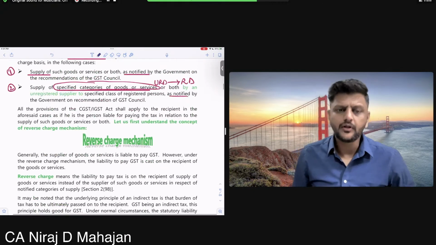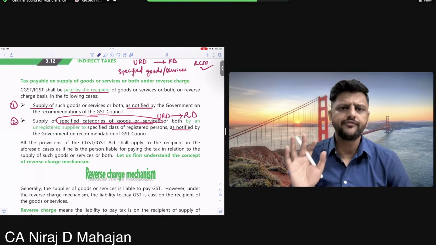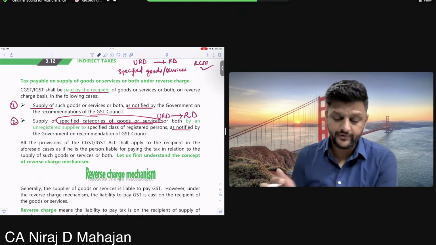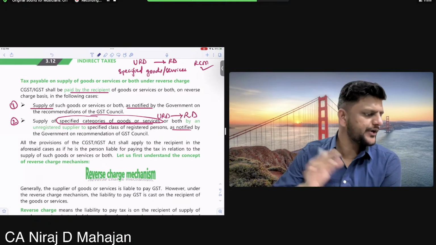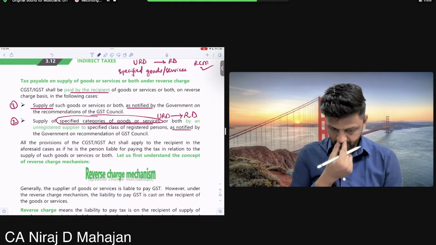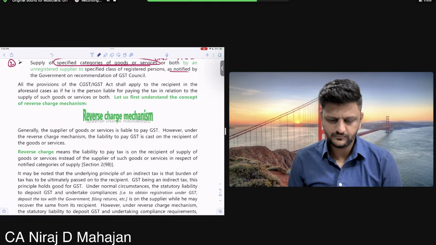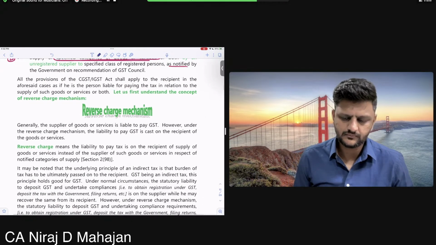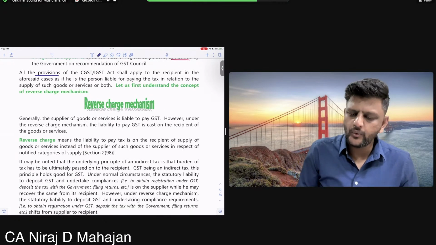So basically, we will just bifurcate between two of them. Notified goods or services or both in this category. And secondly, if it is URD to RD, then special categories only. All right? So all the provisions of the Act will apply to the recipient as if he is the person liable to pay tax.